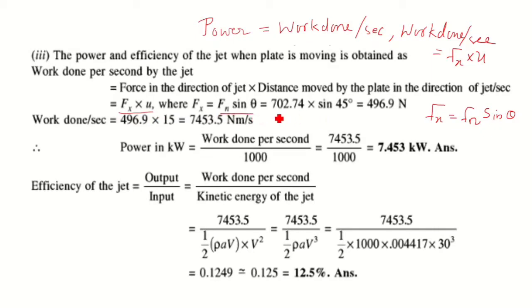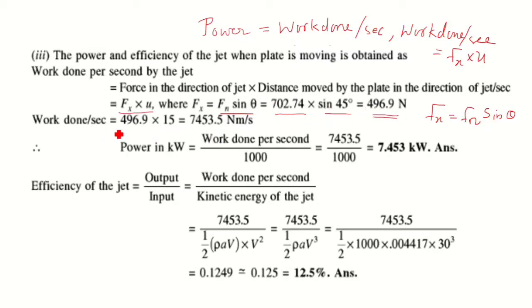So 702.74 into sine 45 is the final answer. So work done per second is the power. So 496.9 Newton is the power extracted. Oh, no, sorry. That is the value of F of x.